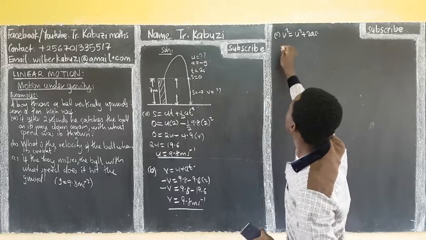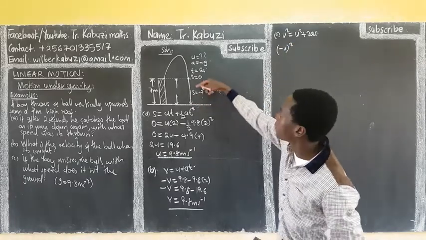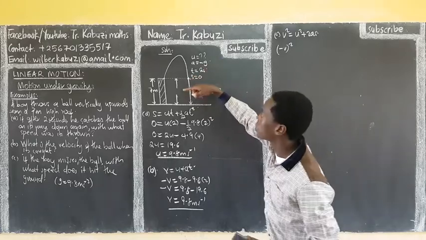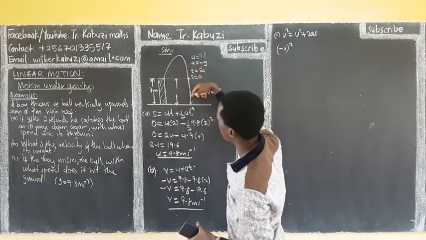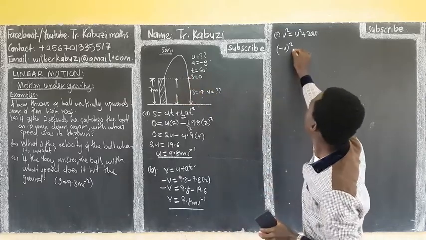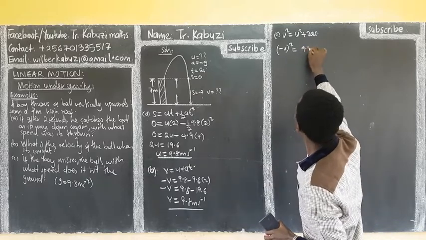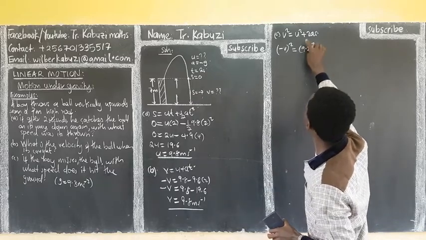So we need this, but remember it's going to be negative now, though because we are squaring it. Why negative? Because it's going in the negative direction. The positive, then the negative. That's why whenever the ball is falling, it's going to be negative. v squared equals our u, which we got as 9.8, squared.